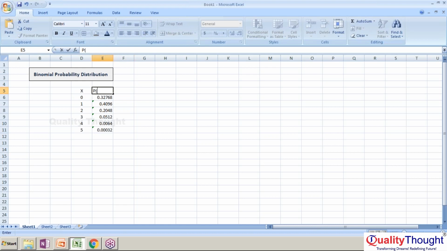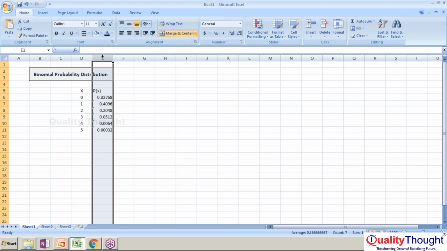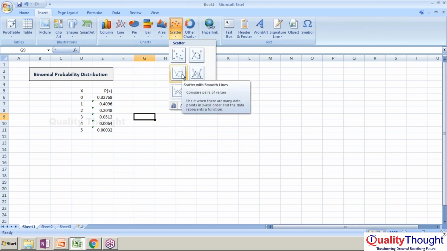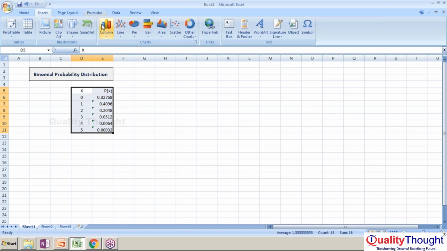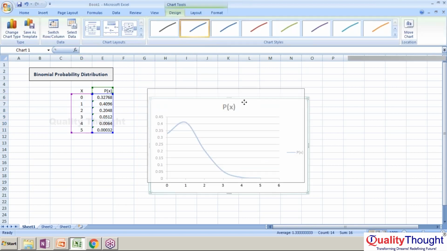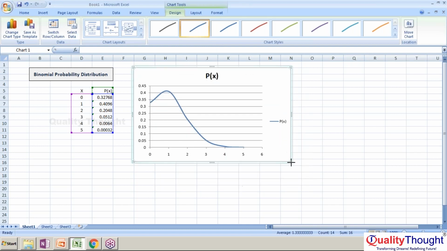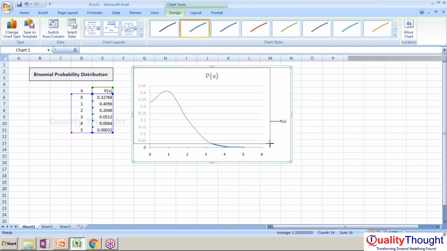Am I right? Okay. And also I just want to see how exactly this looks. See, the graph is something like this.